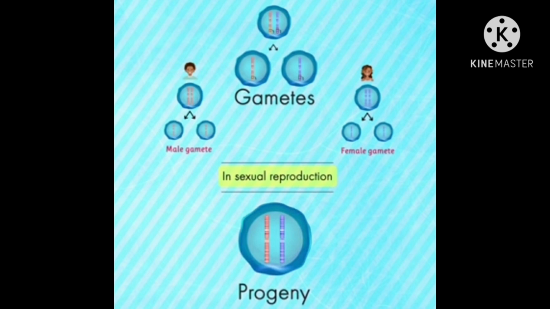In asexual reproduction, there is no halving of genetic material, neither doubling of the halved material. Instead, the full genetic material of the parent is transferred to the daughters through mitotic divisions.